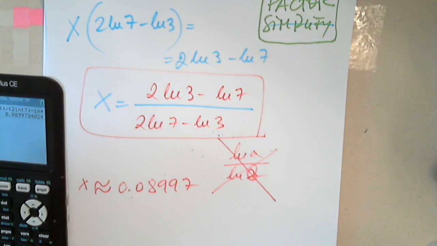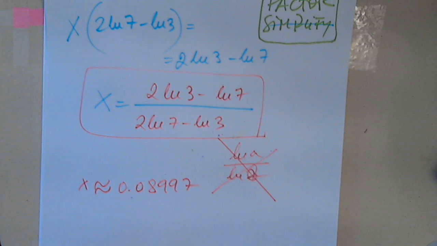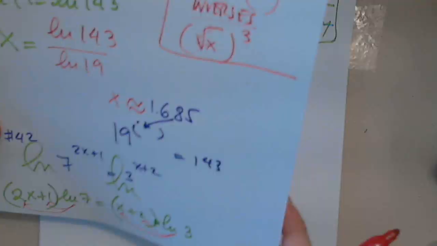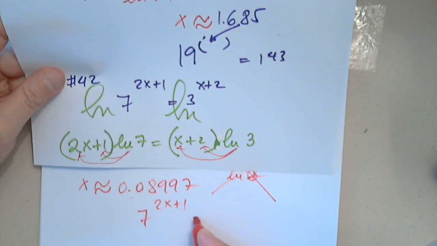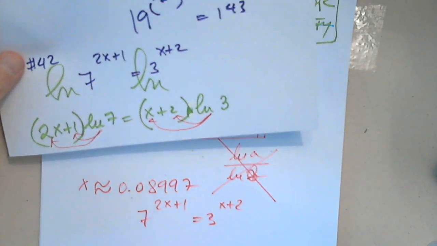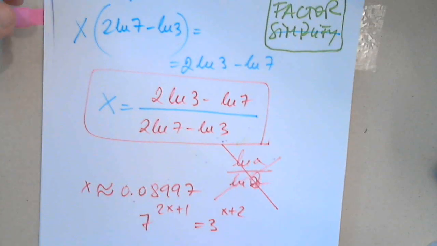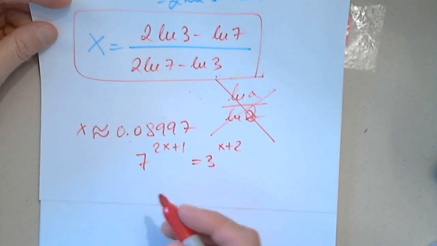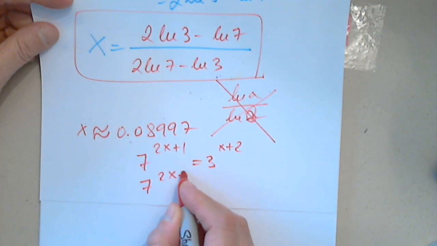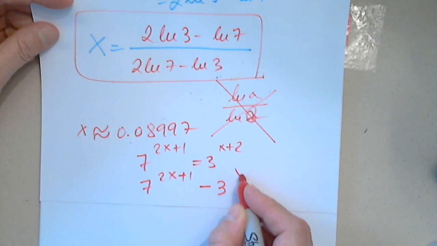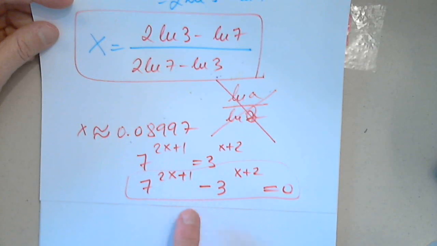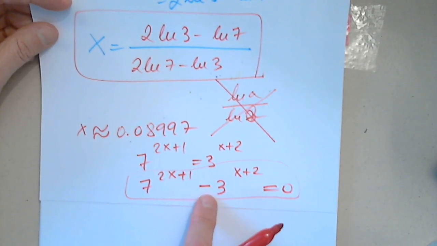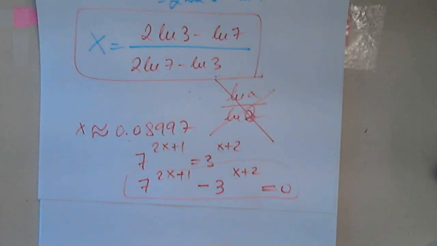0.08997. If I want to check this, like we did before a few minutes ago, the equation is this, and better when you check your answer, better to use this. So I'm going to check in this equation, not in that, because I want the calculator to use the previous answer.